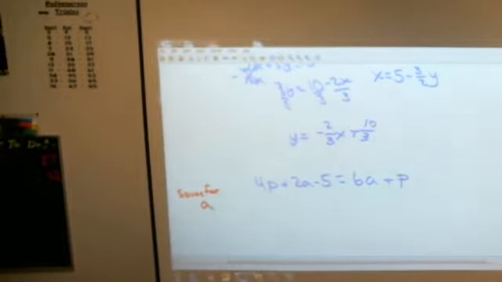Let's see how many people actually get this. This may not be as easy as it seems. Maybe it's easier. It's harder. Where are you at on your problem solving ventures? You are solving for A. You want your A to be positive, by the way.